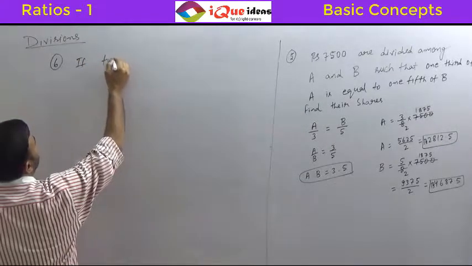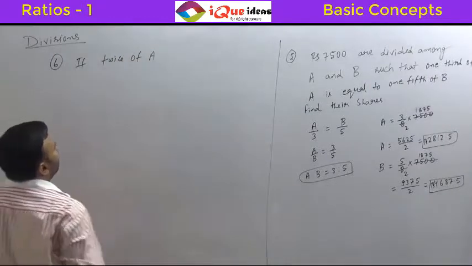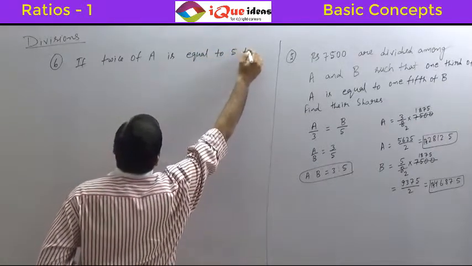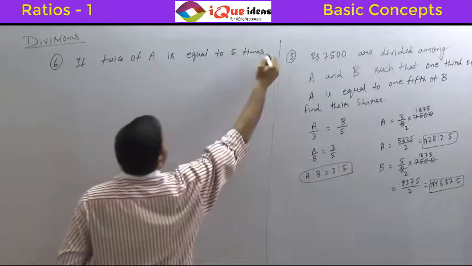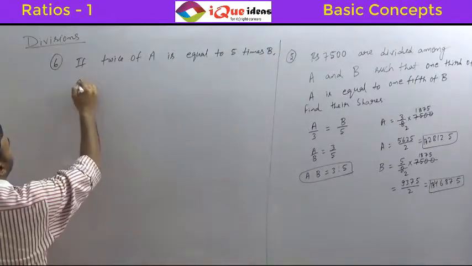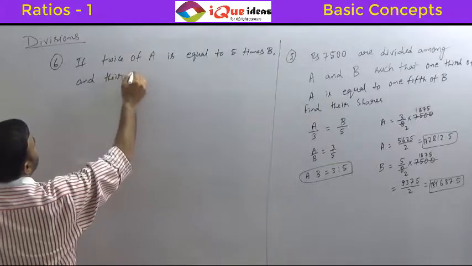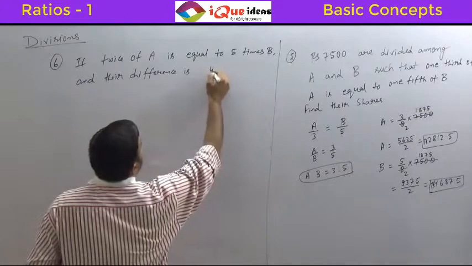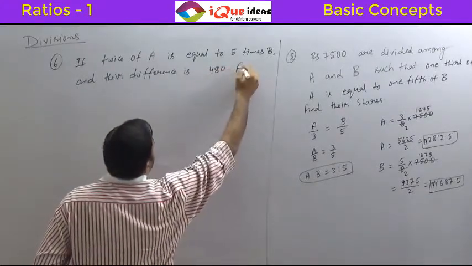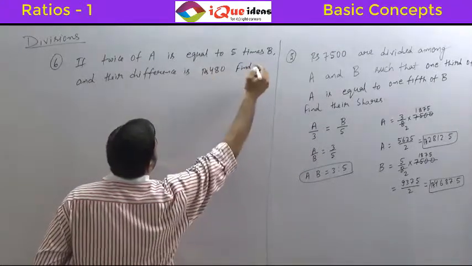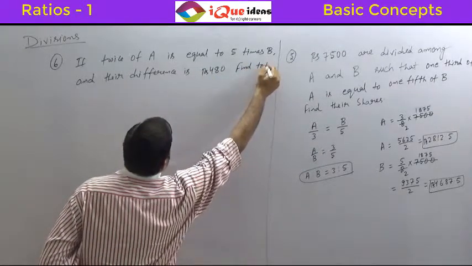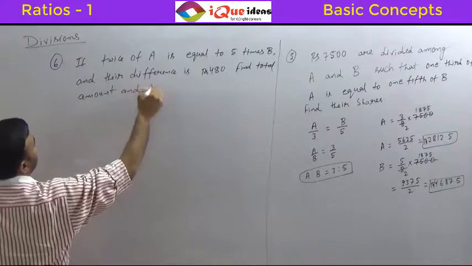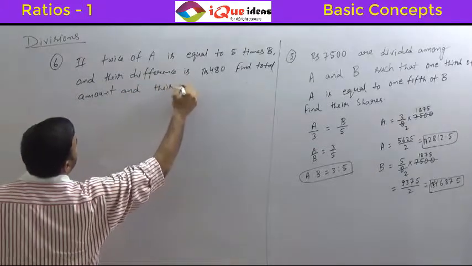If twice of A is equal to 5 times B and their difference is 480, find A and B, or 480 rupees, find total amount and their shares.